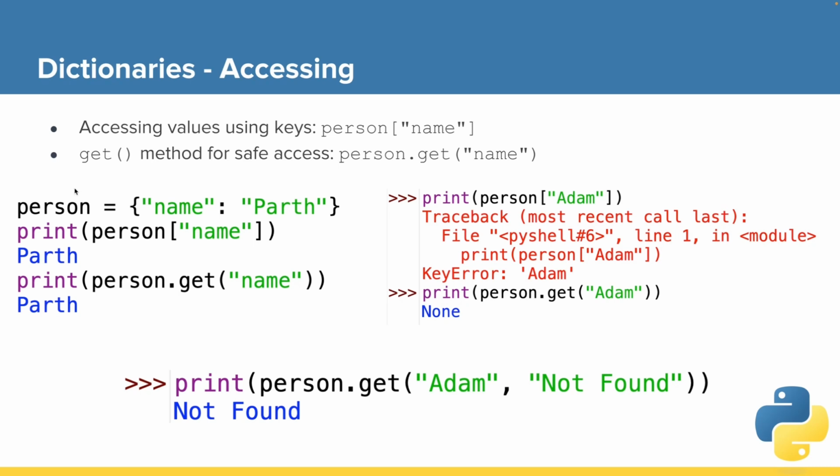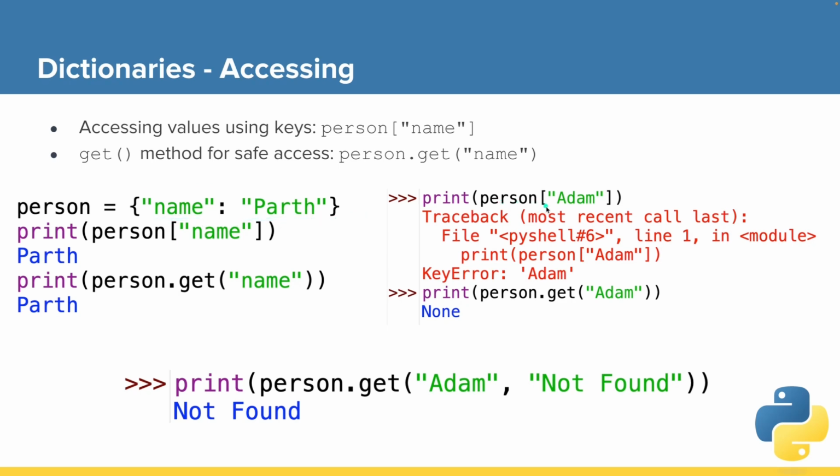The benefit of using this get method is that if our key does not exist, let's say I'm trying to reference a key named Adam in my person dictionary variable, but there is no key named Adam. All we have in this dictionary is a key with the identifier, a string of name, and the value is parth.